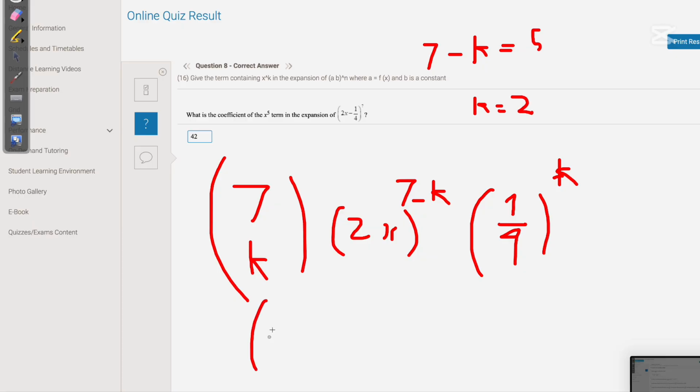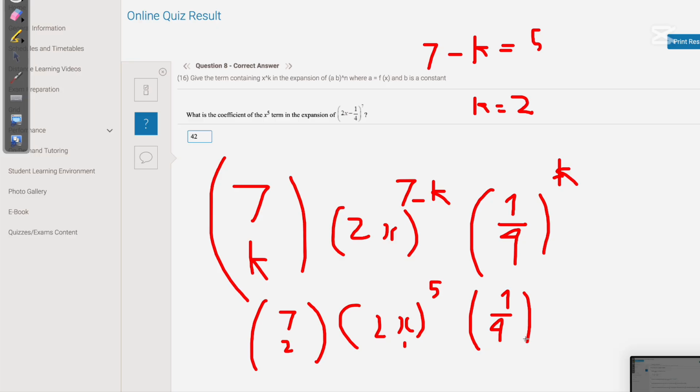So 7c2, 2x to the 5, times 1 over 4 squared, which is 1 over 16. 7c2 times 2 to the 5 times 1 over 16, which will give us 42.